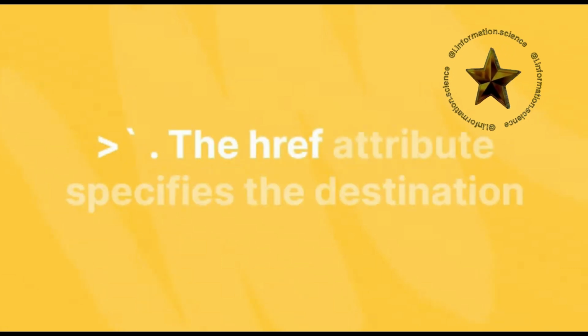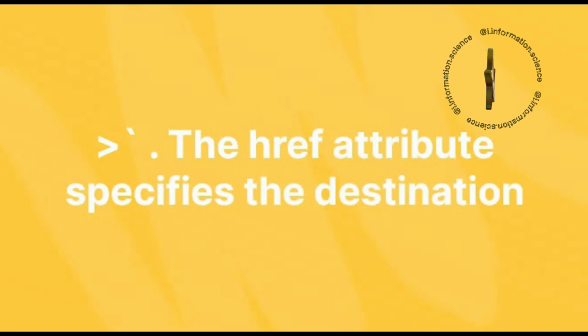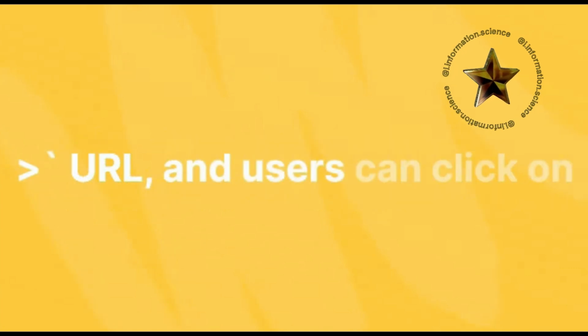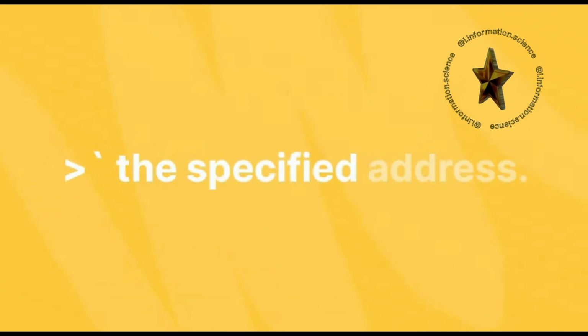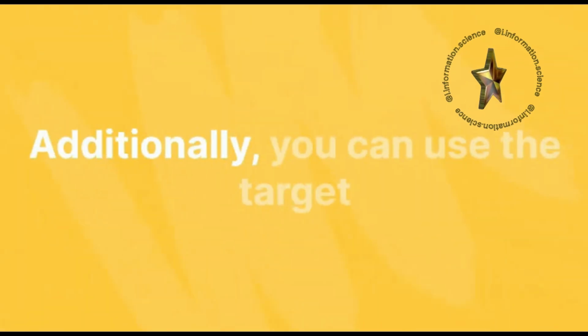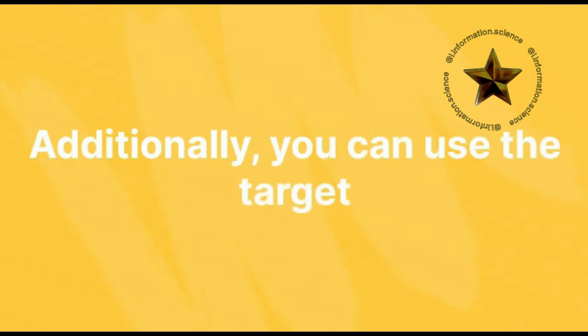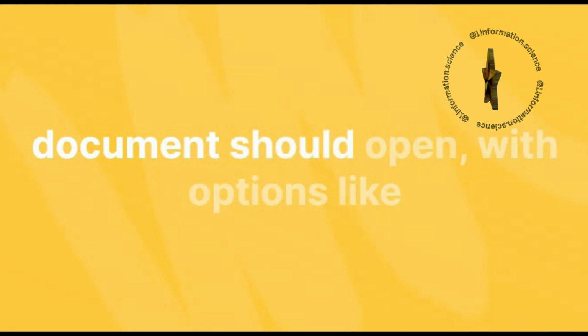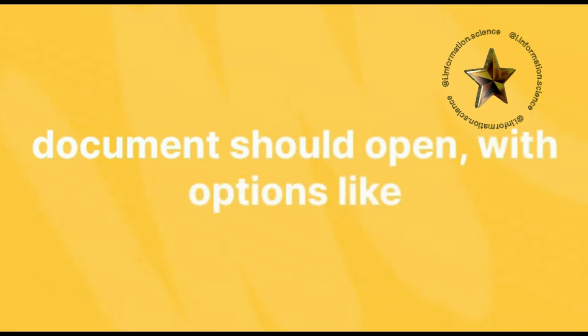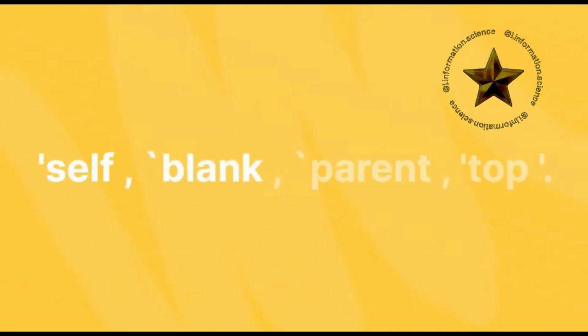The href attribute specifies the destination URL, and users can click on the link text to navigate to the specified address. Additionally, you can use the target attribute to specify where the linked document should open, with options like _self, _blank, _parent, _top.